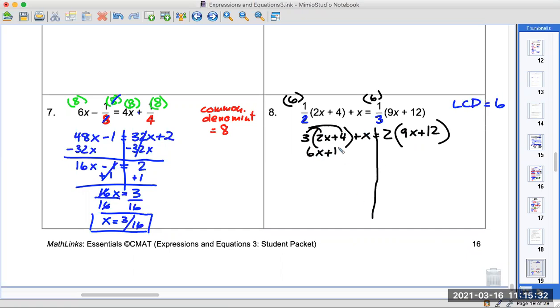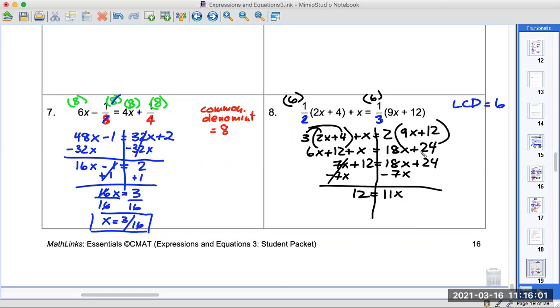6x plus 12 plus 1x is 18x plus 24. 6 plus 1 is 7x plus 12. Subtract 7x. 12 equals 18 minus 7 is 11x.